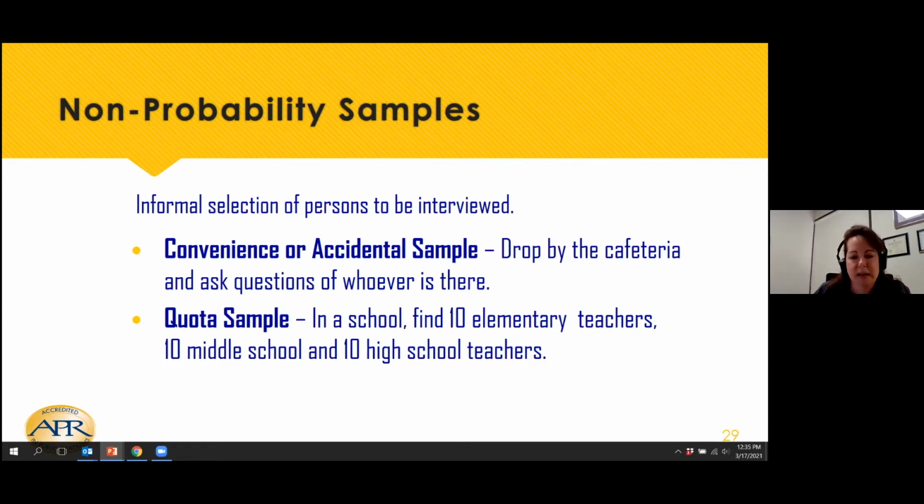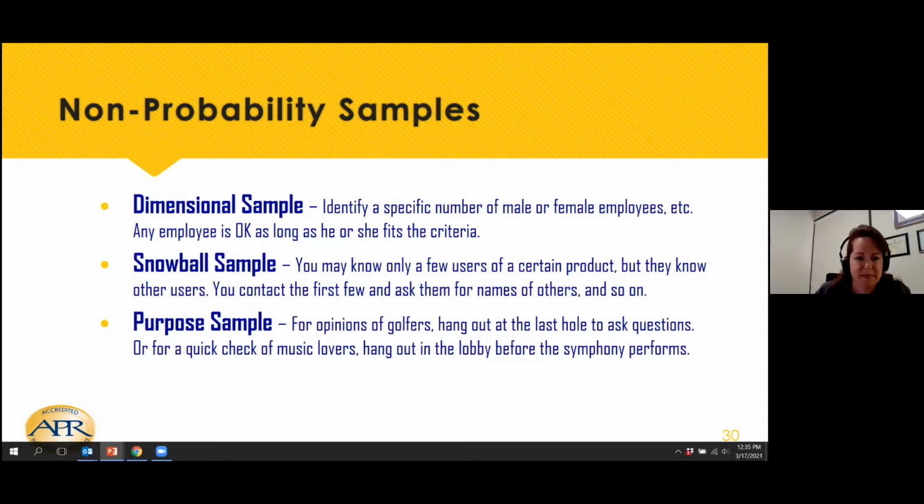A quota sample: in a school, you find 10 elementary teachers, 10 middle school teachers, 10 high school teachers. A dimensional sample: you're identifying a specific number of male or female employees, et cetera. Any employee is okay as long as they fit the criteria.